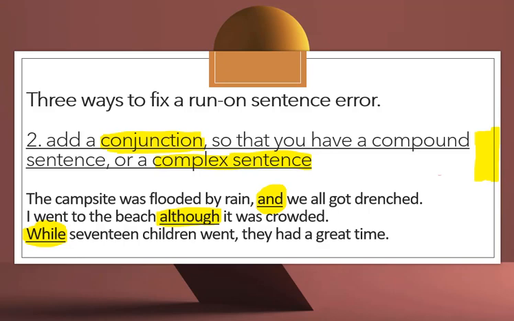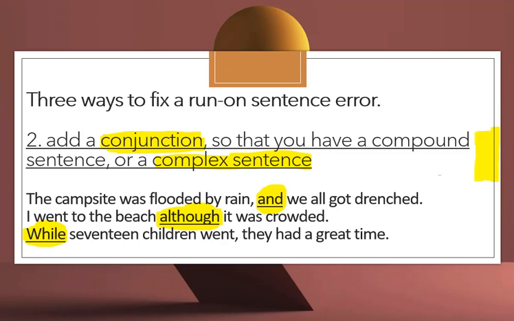Okay, so adding in a conjunction, you can make the sentence a bit longer and perhaps more interesting, add some variety to your writing, but more importantly, make it correct so that you're not breaking the rules of grammar. Notice when you add a conjunction, this is called a subordinating conjunction.